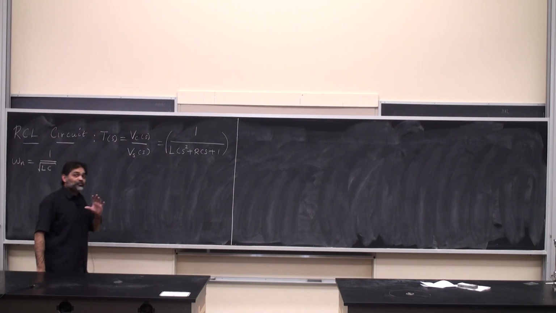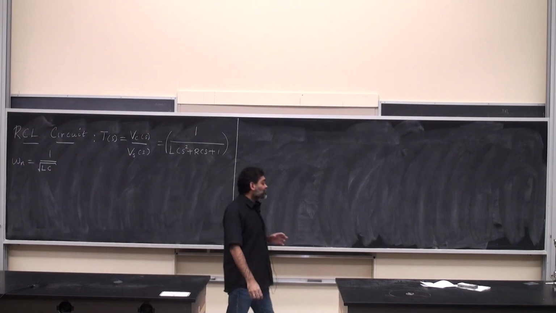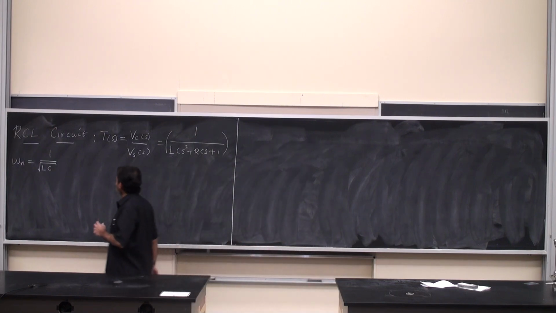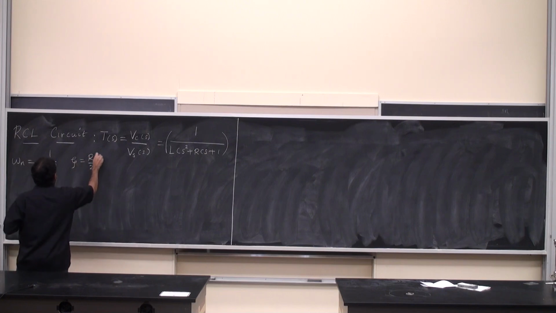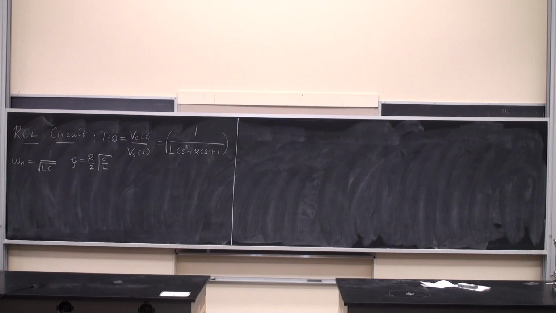This is particular to this system. And then zeta was also obtained as R by 2 times the square root of C by L. And we recognized that 2 zeta by omega n, if you combine all these terms together, you end up getting it to be R times C.